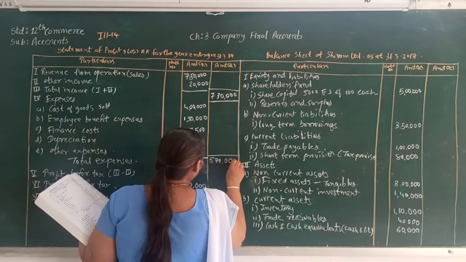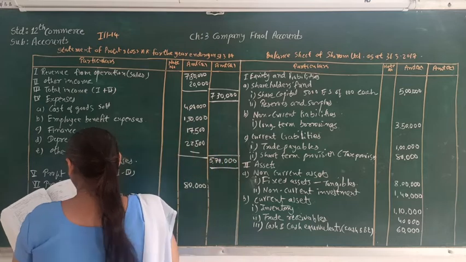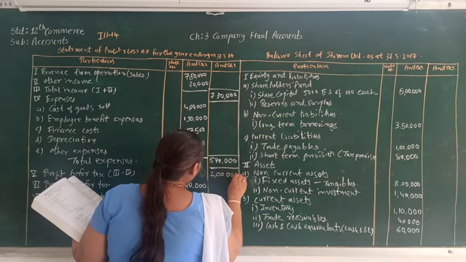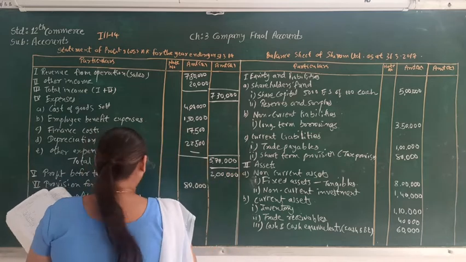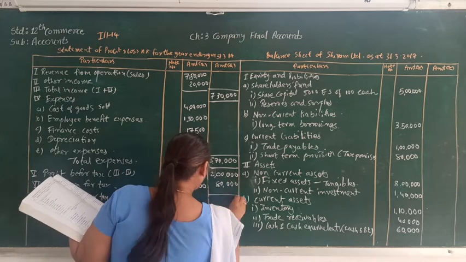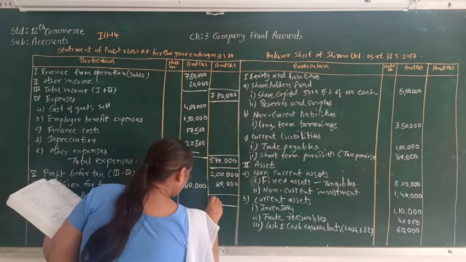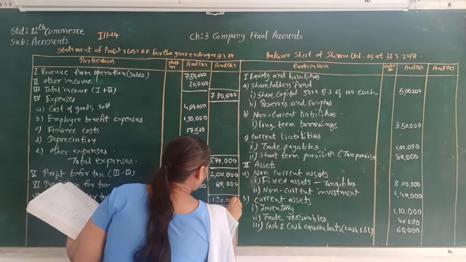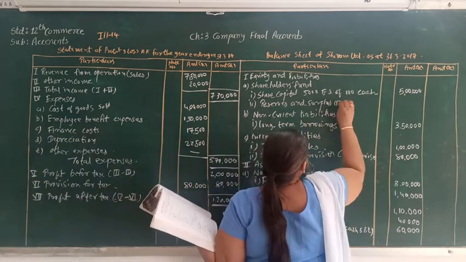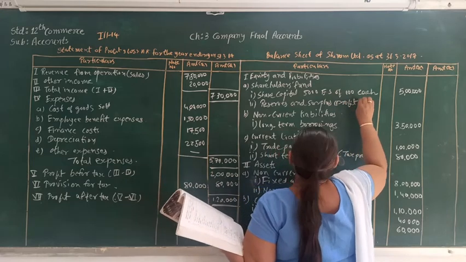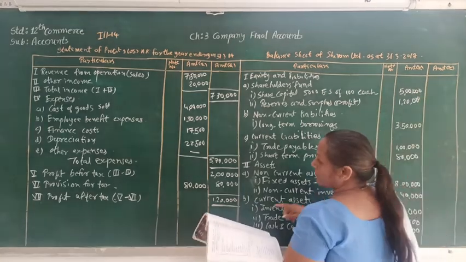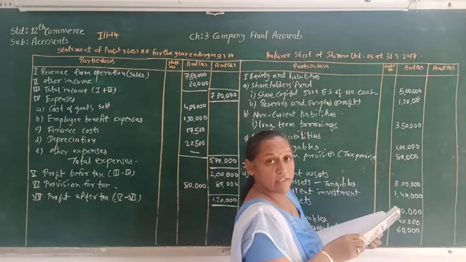So from 7,70,000, if we deduct 5,70,000, the balancing amount will be 2 lakh. From 2 lakh, if we deduct 80,000, the profit will be 1,20,000. So that's supposed to be taken to the reserve and surplus, and it is 1,20,000. So here we are finished with the statement of profit and loss account.